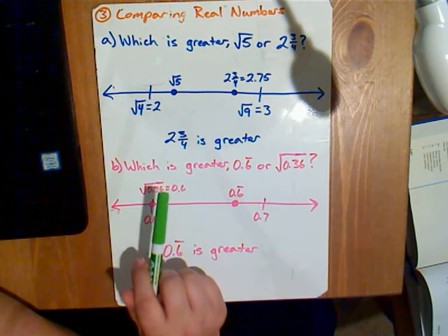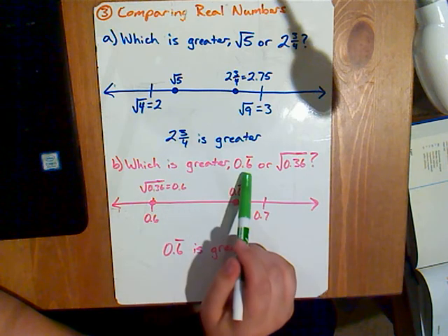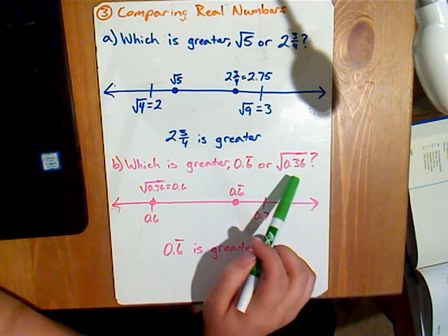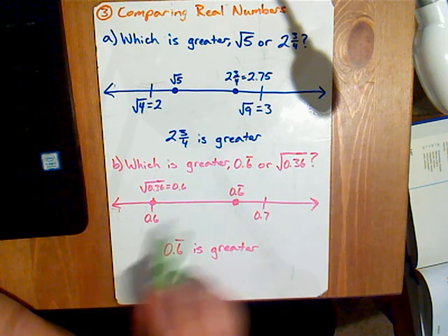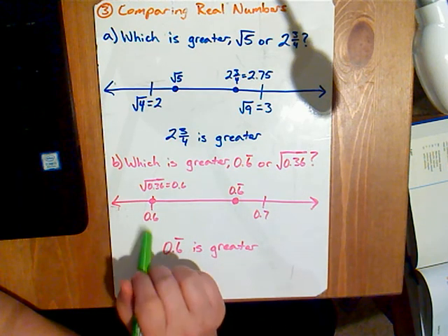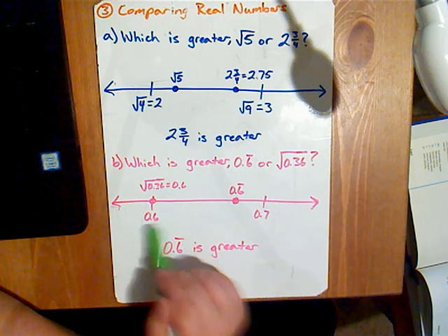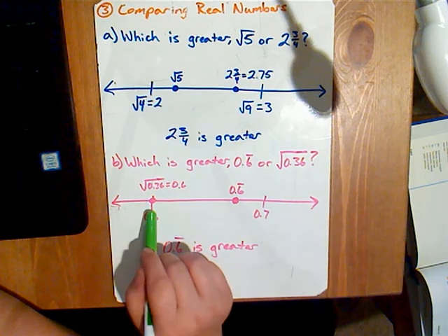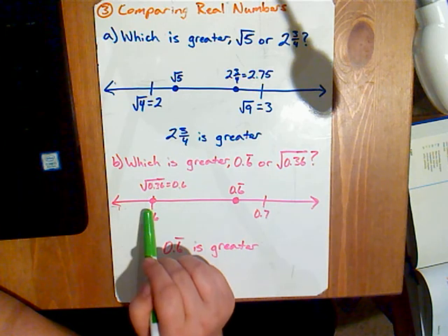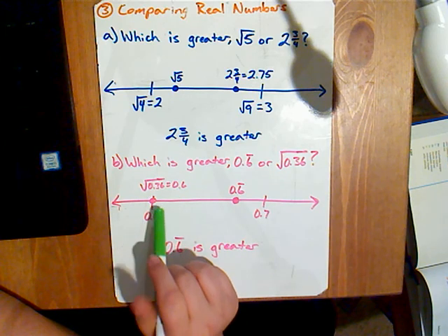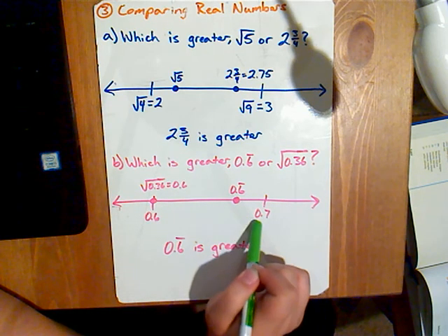And then B is wanting to know again which is greater, 0.6 repeating or the square root of 0.36. So again, we've got our number line, and this time we're doing 0.6 and 0.7, because the square root of 0.36 is going to be 0.6, which is right there on our number line, and then 0.6 repeating is going to be closer to that 0.7.